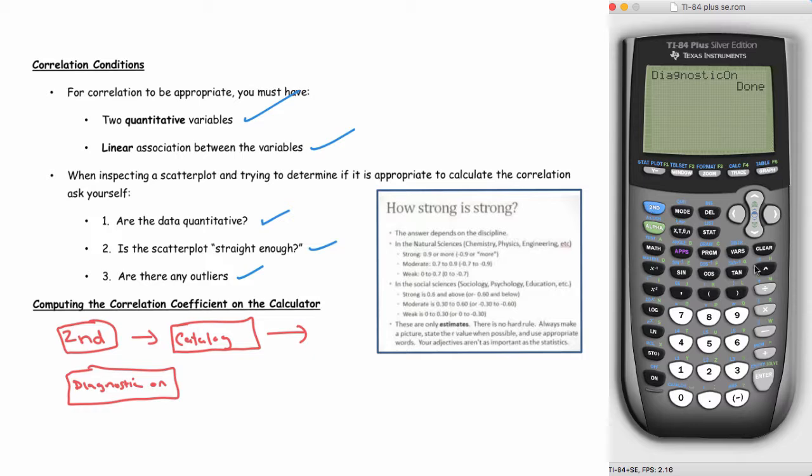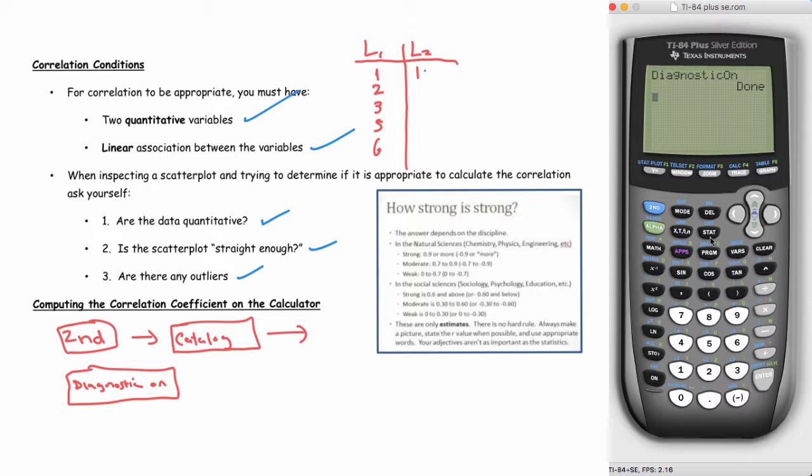So let's do an example. I'm just going to make a table of random values, no context, just to give you an idea of how we do this. In L1, and I'll show you how to get there in a second, I'm just going to put these numbers: 1, 2, 3, 5, 6.